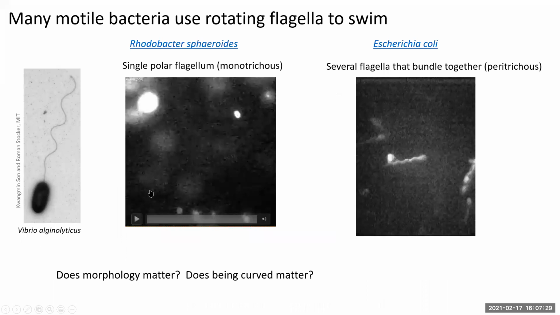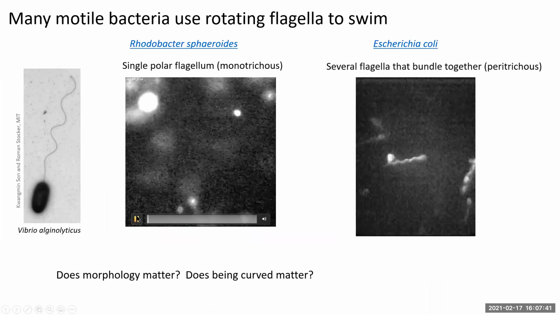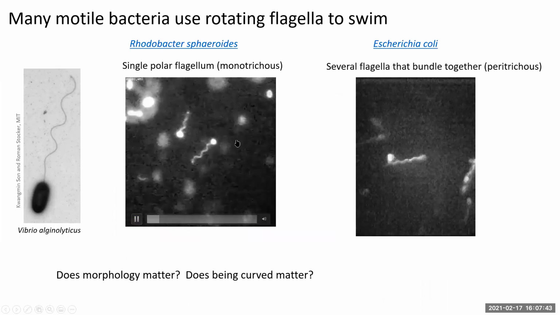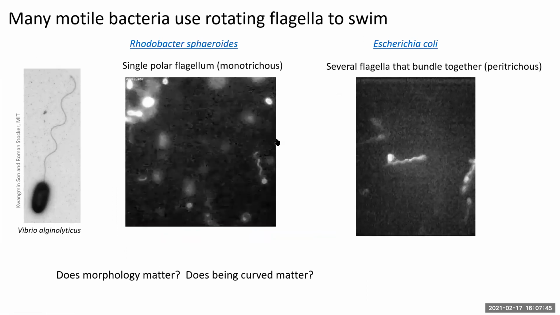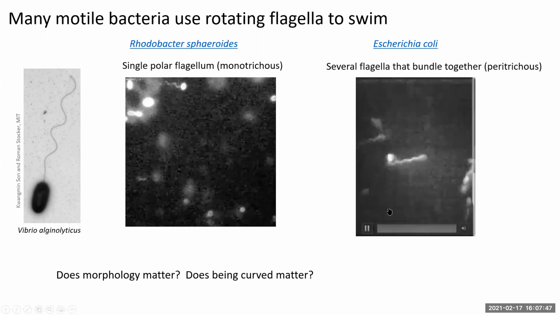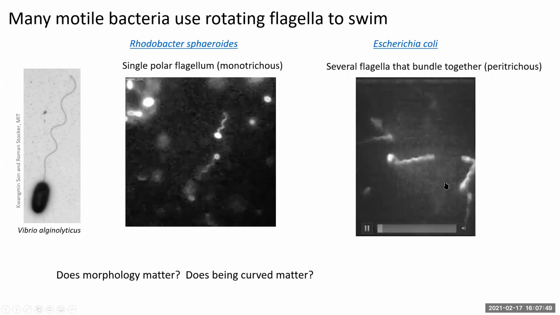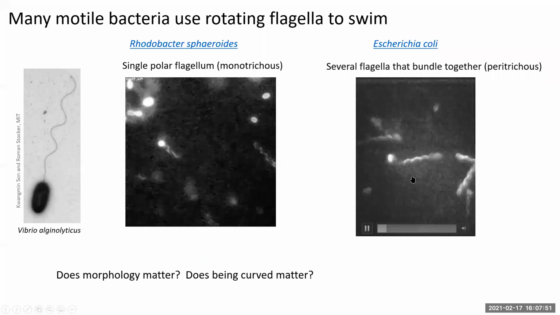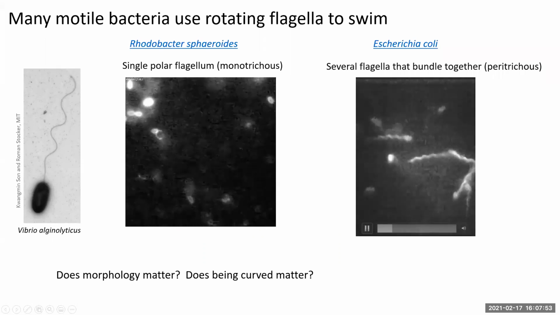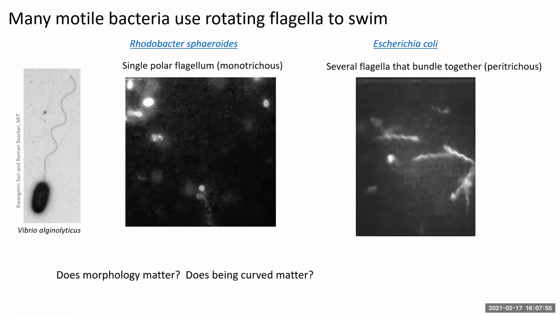Many bacteria that swim use rotating propellers, flagella, that are more or less rigid. On the left, there's a good example of this helical-shaped propeller-like flagellum. Some bacteria have one of these, a simple case. Other bacteria, like E. coli, have a whole bunch, but luckily, they tend to form a bundle that looks like kind of one fat flagellum.